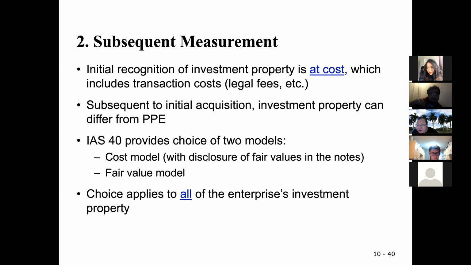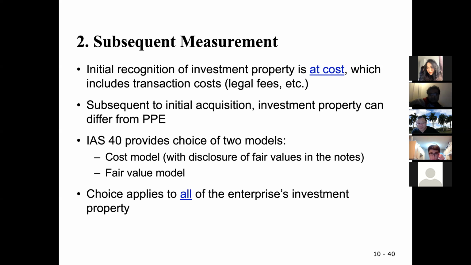The cost model is correct, but not the fair value model. Cost or revaluation model. Yes. So for PPE, you can use either the cost model or the revaluation model. You see the difference?